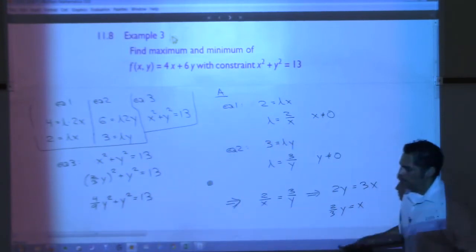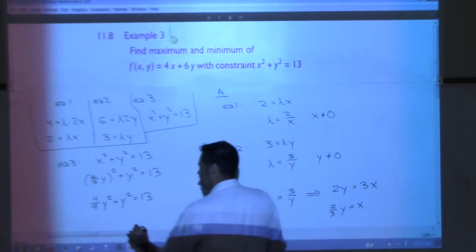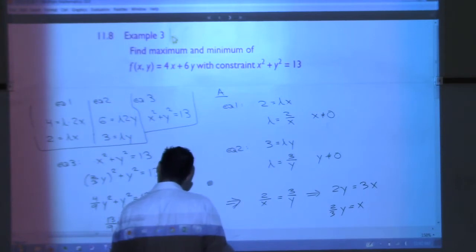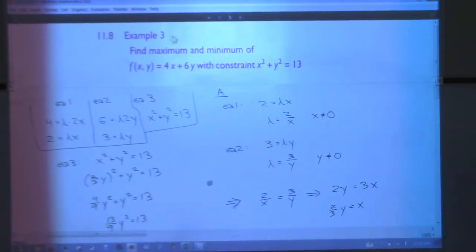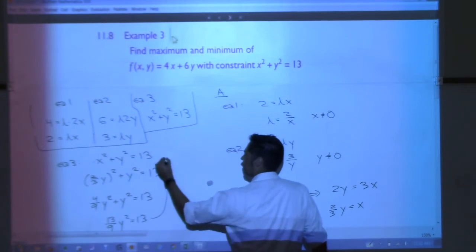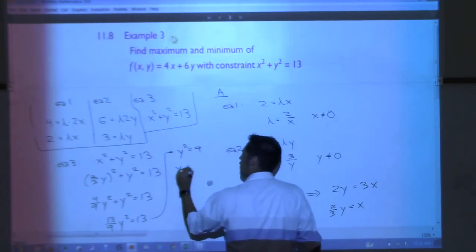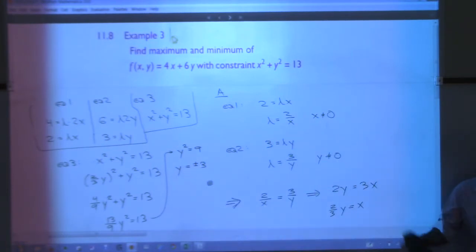Put those together: 13/9 y squared equals 13. Divide by 13, multiply by 9. y squared is 9. So y is equal to plus or minus 3. All right, any questions there?